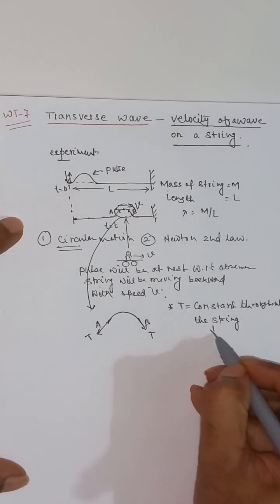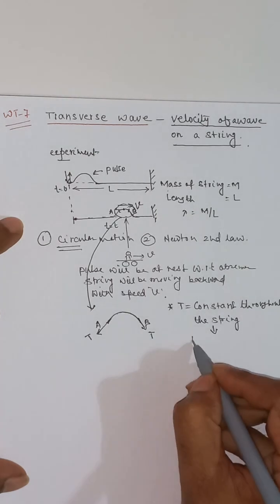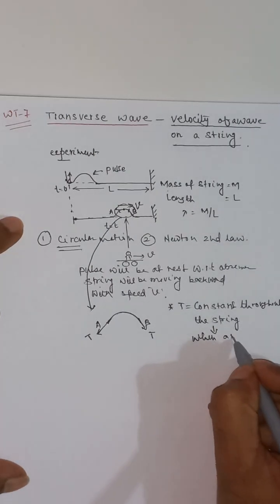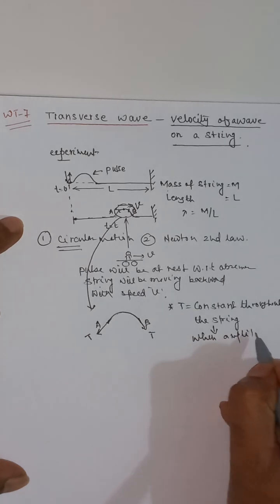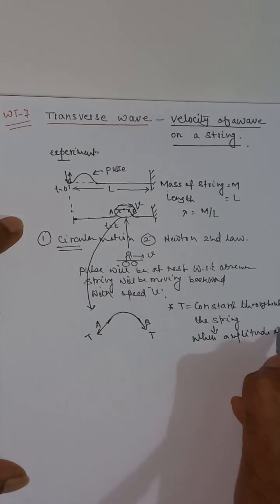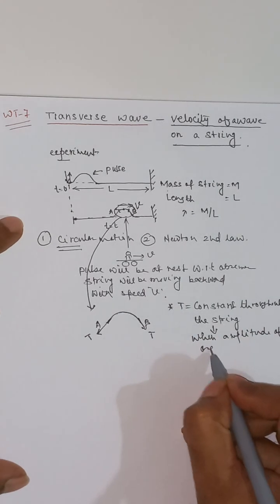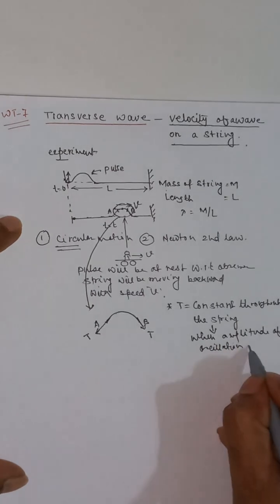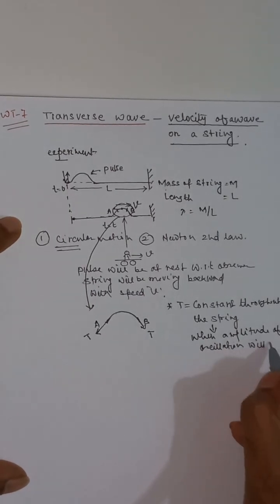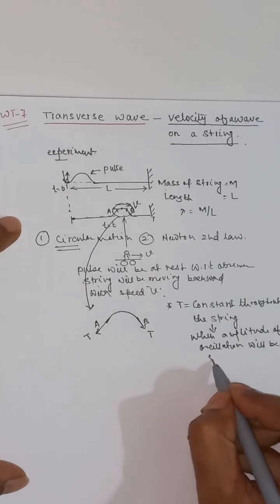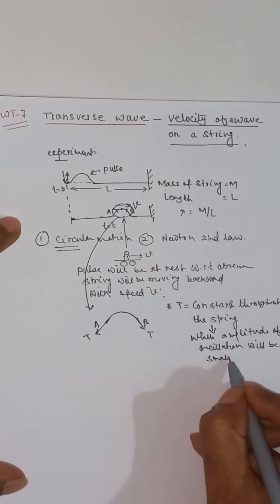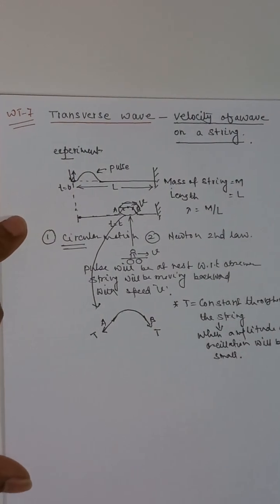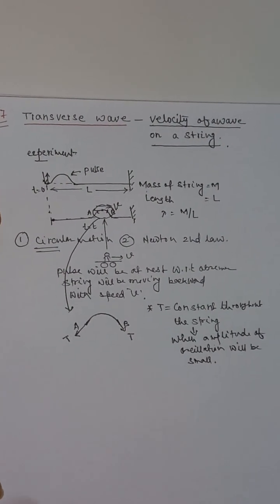This will only happen when the amplitude of oscillation is small. So for small amplitude of oscillation, we can assume tension will remain constant throughout the string.